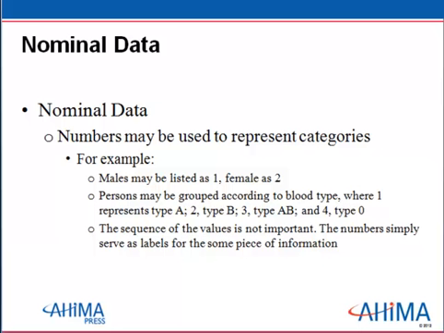Or persons may be grouped according to blood type, where a value of 1 represents blood type A, and so on. The sequence of the values is not important. The numbers simply serve as labels for a piece of information.